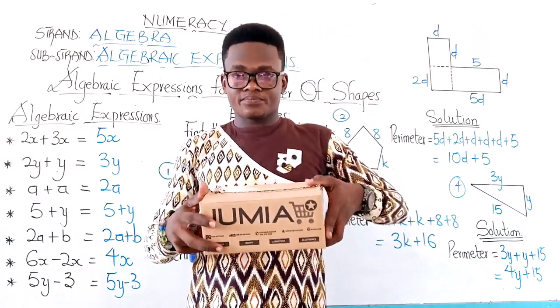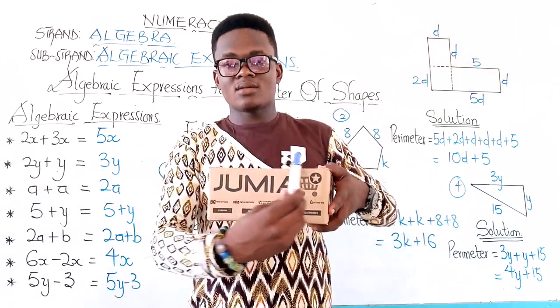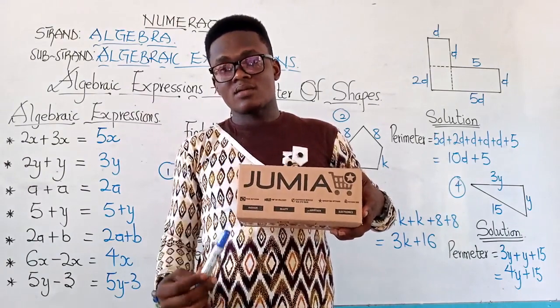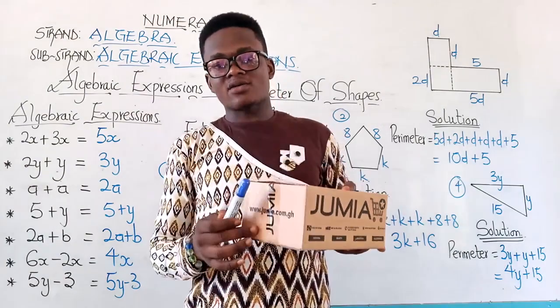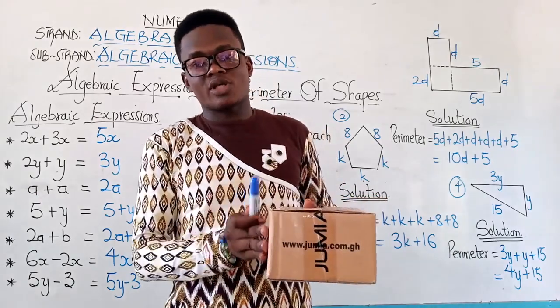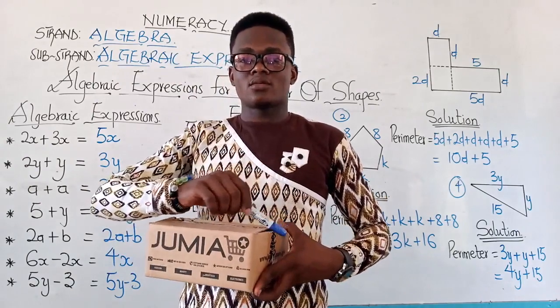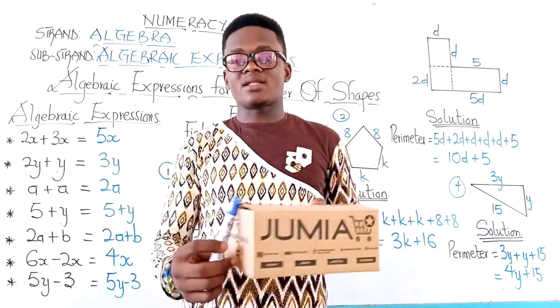So this is the length, and then we have the height of the whole object, and then we have the width as well: the width, the length, and the height.